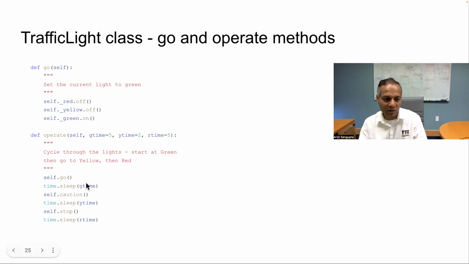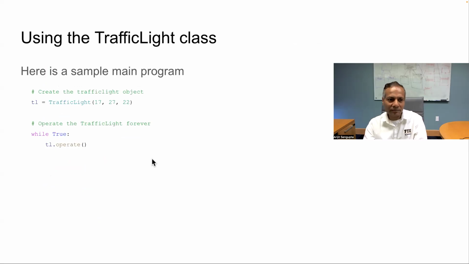Once that is done, it's going to turn on the yellow light, and then sleep for so many seconds, and then it's going to turn on the red light, and then sleep for however long it needs to with the red light on. And that's just a single cycle of operation. It's not like a loop. It's just a single operation for the light.